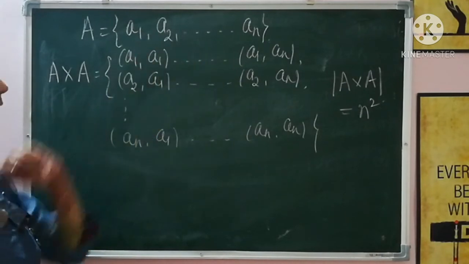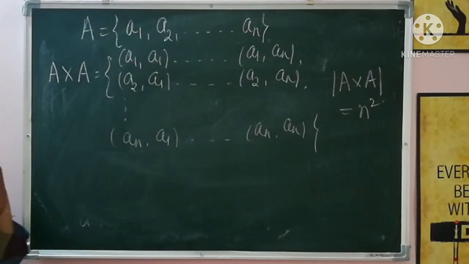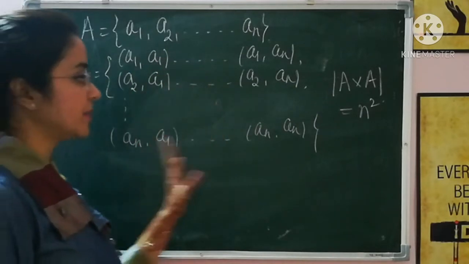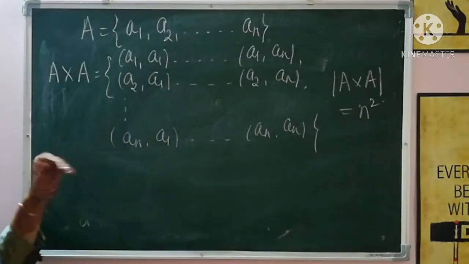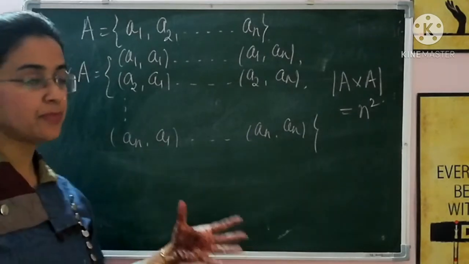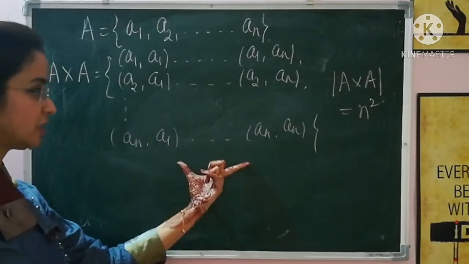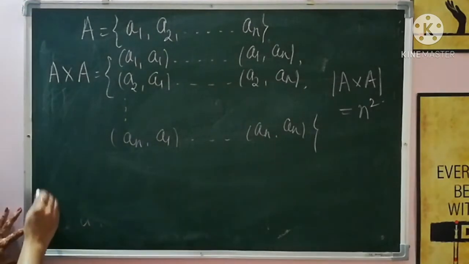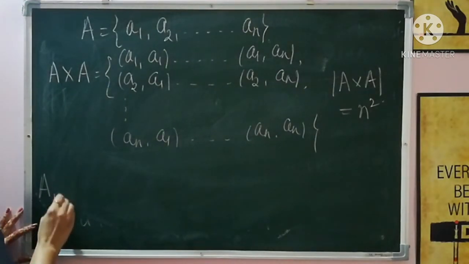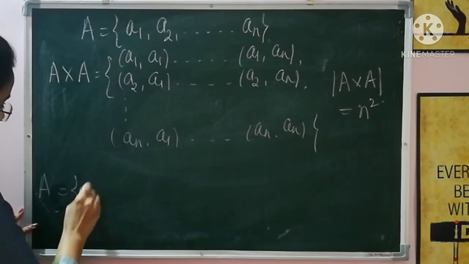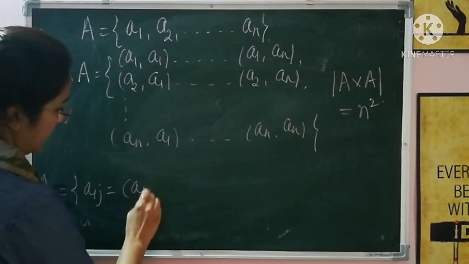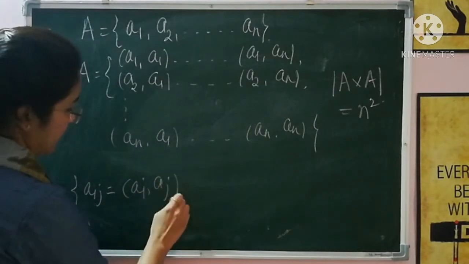Now, this representation of the Cartesian product is fine, but to make it easy, I can represent this Cartesian product as a matrix, which is quite logical, because for any matrix A, the ijth component will be Ai comma Aj.